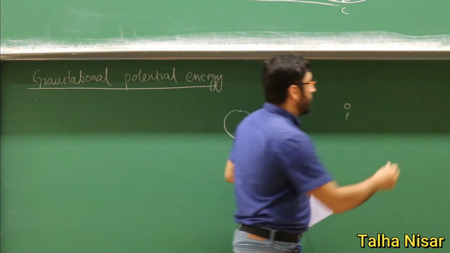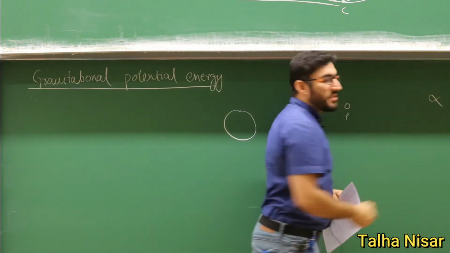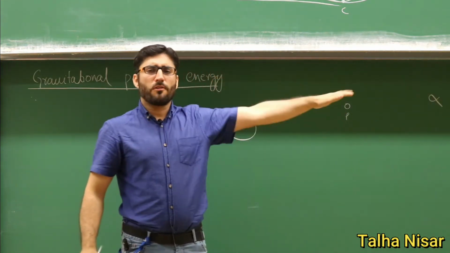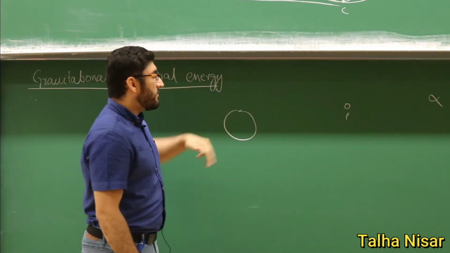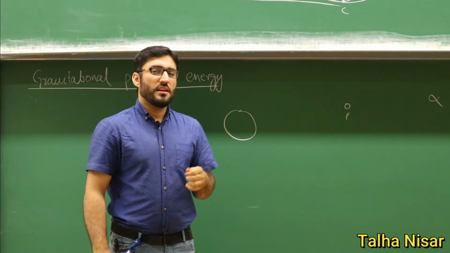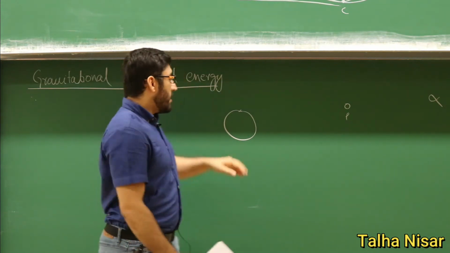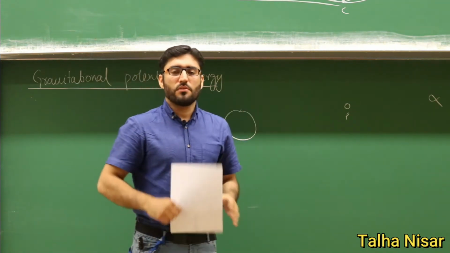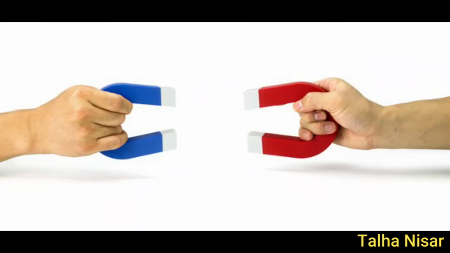and we have, for example, the infinity somewhere here. Infinity means we are far, far away from the Earth, and we do not feel the gravitational potential energy or the gravitational force because we are far, far away from the Earth. Or to give you some idea of this infinity, imagine two magnets.